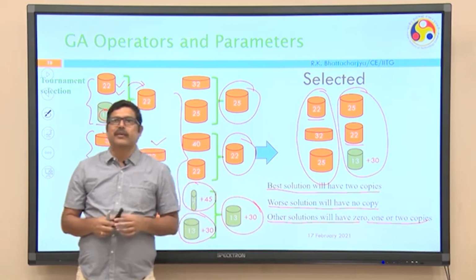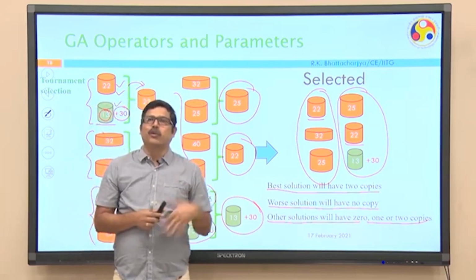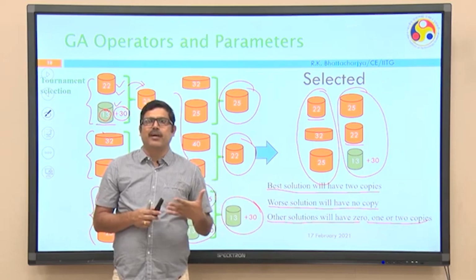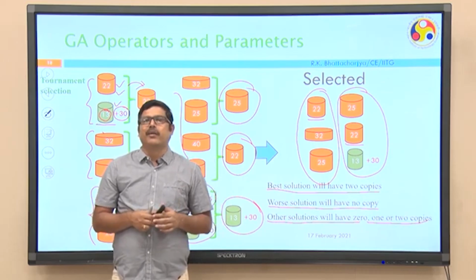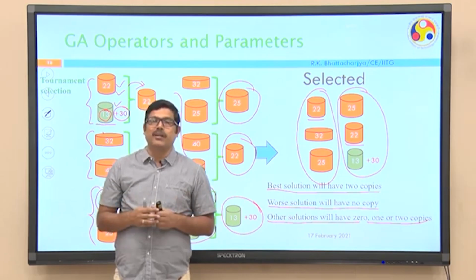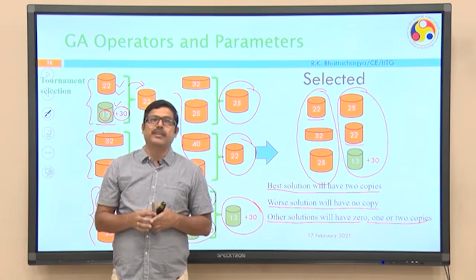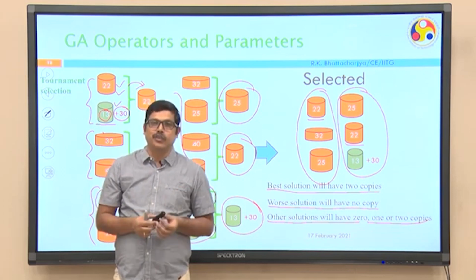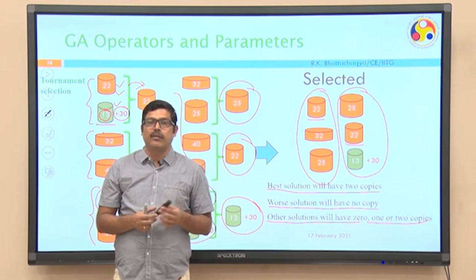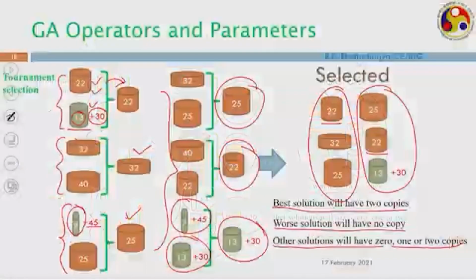I will also discuss this when I discuss the other operators, then you will appreciate it. So, a tournament size of 2 or 3 is fine, but we are not using a tournament size of 4, 5 something like that, because your population will be saturated with the best solution. That we do not want, and we will avoid that.